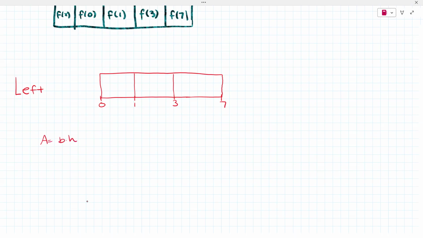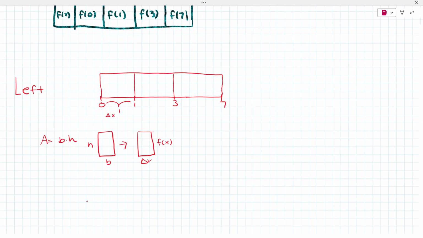Your base can also be expressed as your delta x, and your height can also be expressed as f of x. If you look at the distance from 0 to 1, that's a total distance of 1, that's your base, also your delta x.